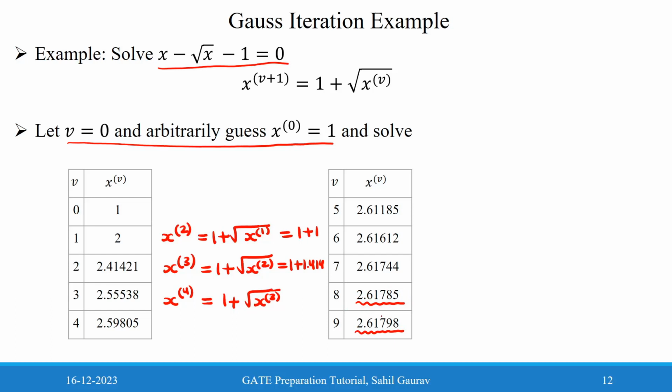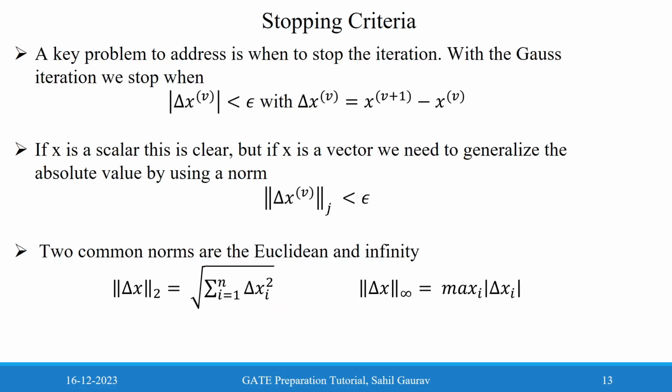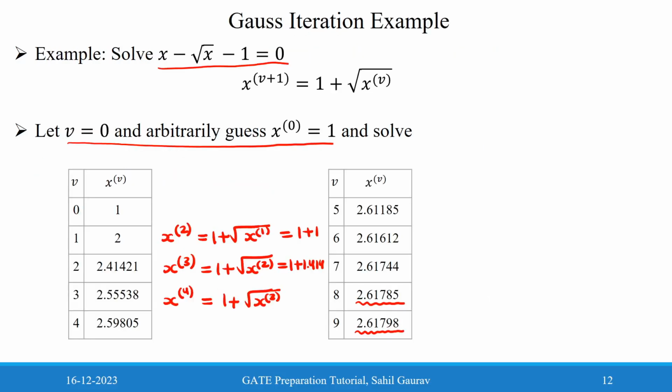So we have to decide where to stop, what should be the stopping criteria. We have to take some tolerance value, the minimum tolerance that we can accept. If you see, going from 8 to 9 these three terms are equal, 617, and here also 617.